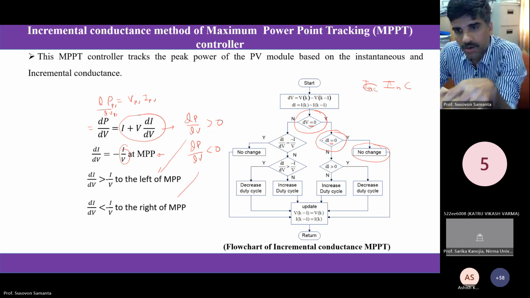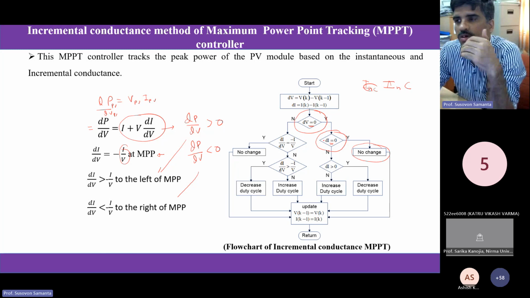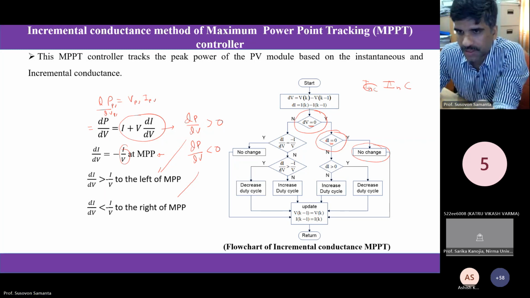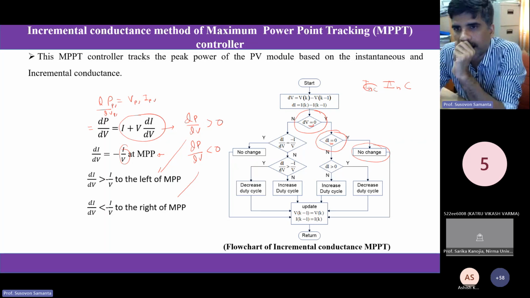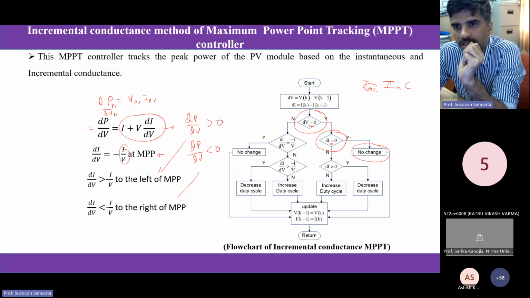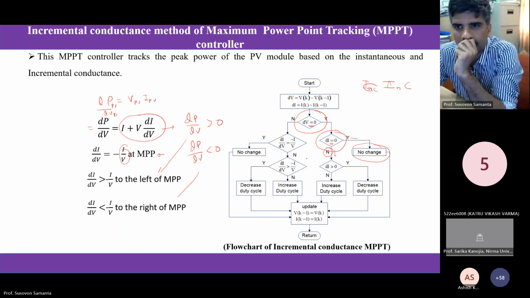Now, it is also claimed in the literature that the INC algorithm is drift free. How is it? See, if I have dV equal to 0 and dI not equal to 0, where dI equal to 0 is yes and dI not equal to 0 is no, it will come to this flow.